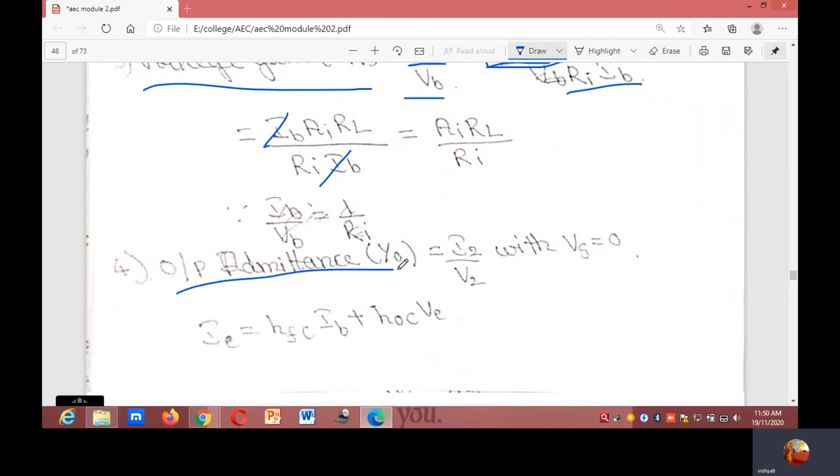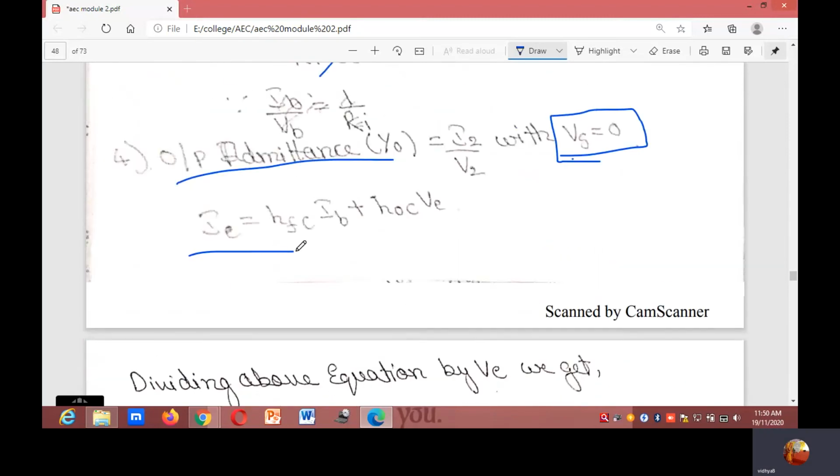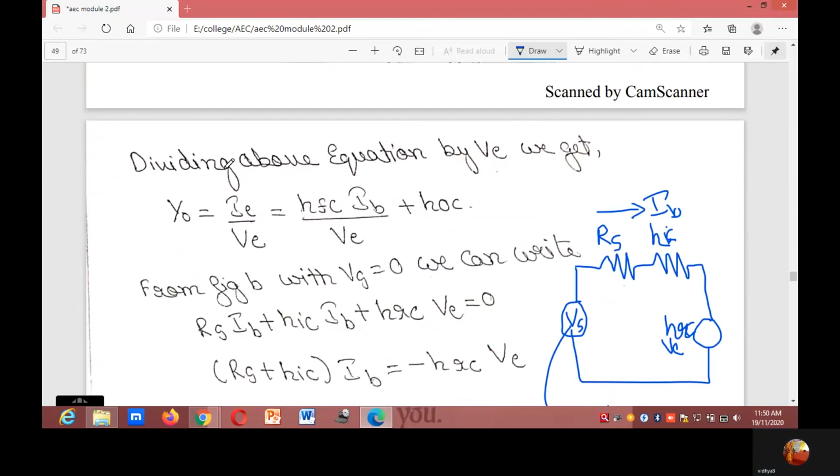Output admittance is I2 divided by V2. While finding output admittance, as I said in the last class, we need to make the source voltage Vs equal to 0. Here IE is equal to HFC into IB plus HOC into VE. Dividing the equation by VE, we get Y0 equal to IE divided by VE equal to HFC into IB divided by VE plus HOC.